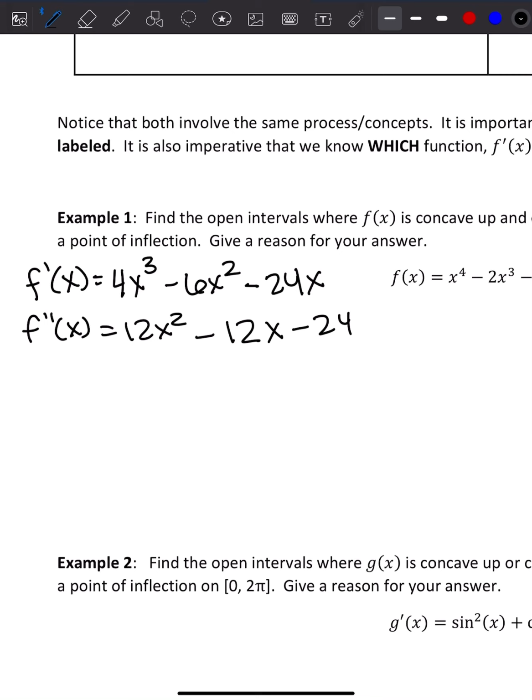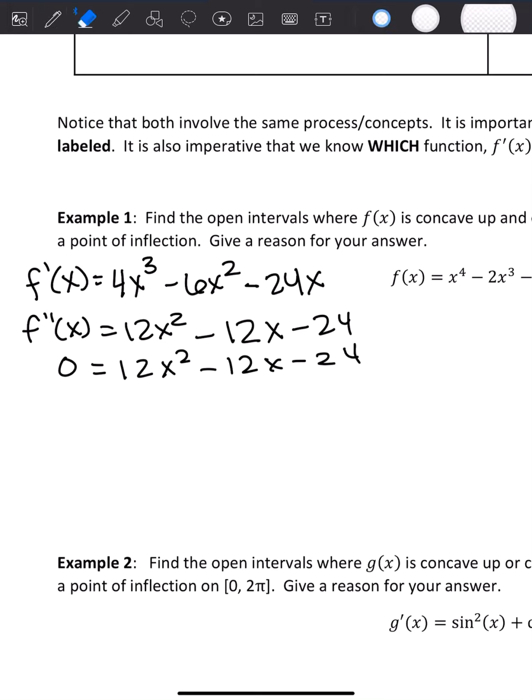So now what we're going to do is set this equal to 0. I know that this polynomial, this quadratic, is not going to have any undefined values, so we don't have to worry about that. We now just need to figure out when it equals 0. The first thing that I'm going to do is make my life easier by factoring out a 12 from everything.